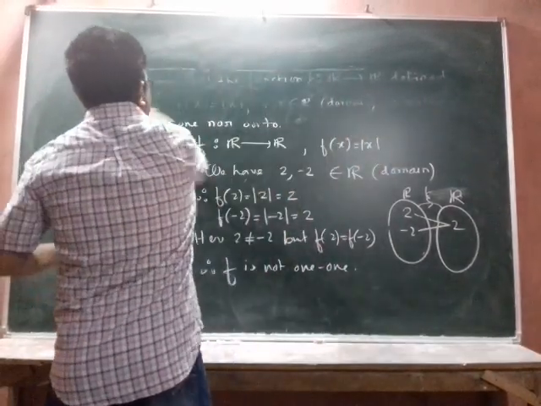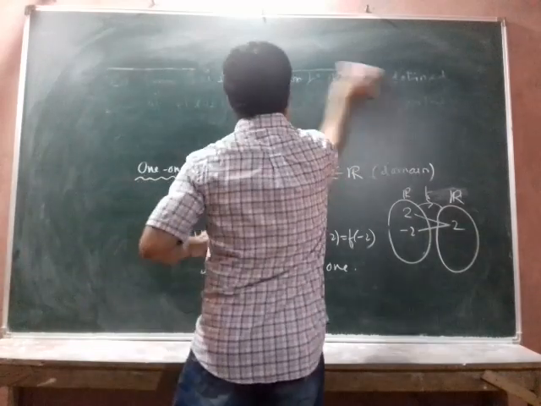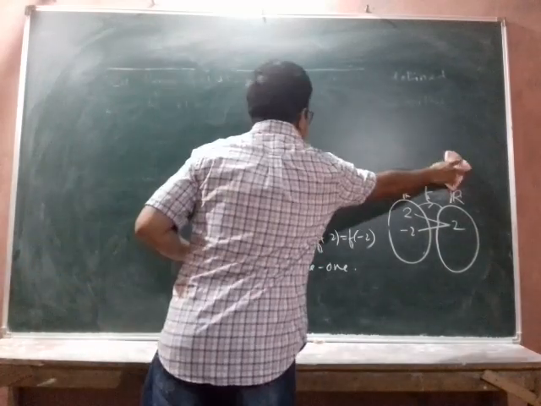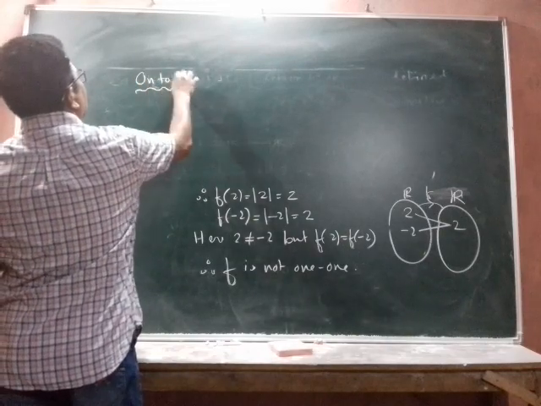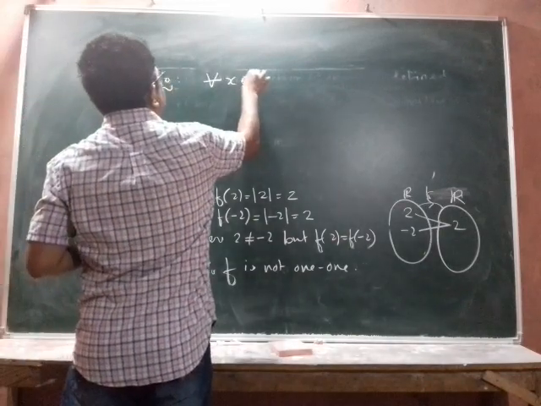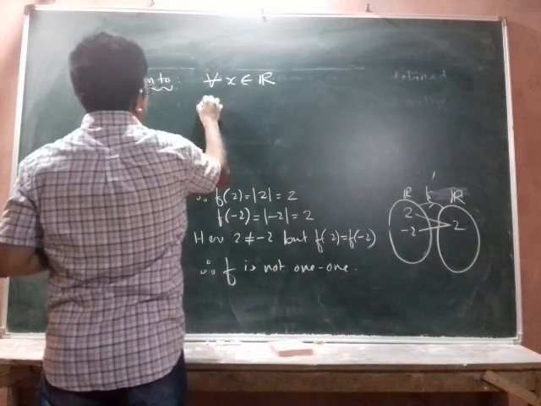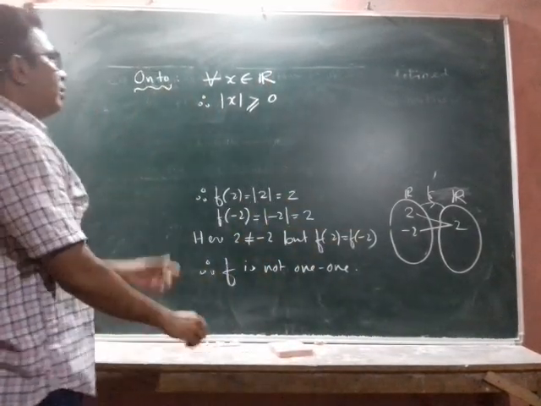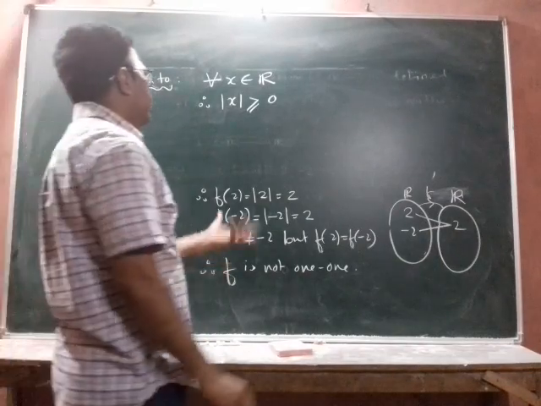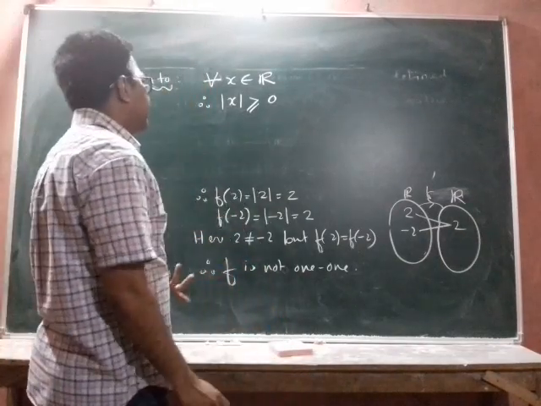So next, that will be the onto part. For every x belongs to real number, modulus of x is greater than or equal to 0. So whatever be the value of x does not matter. If it is a real number, then it will be either equal to 0 or greater than 0.